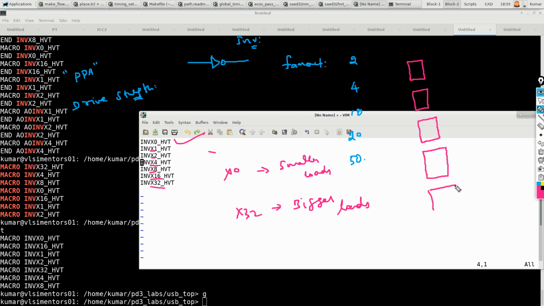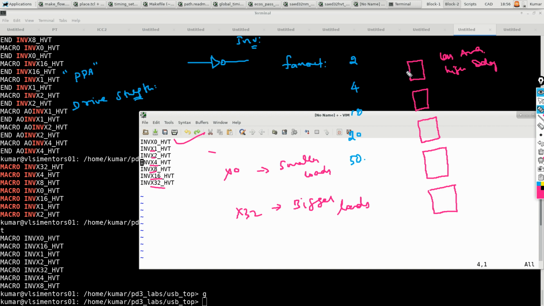The small drive strengths will be able to drive only smaller loads, and thus they will have a lesser area. They may have a little higher delay because they have lesser driving capability. So there are two things: area, and power is also consumed less here because of fewer transistors.